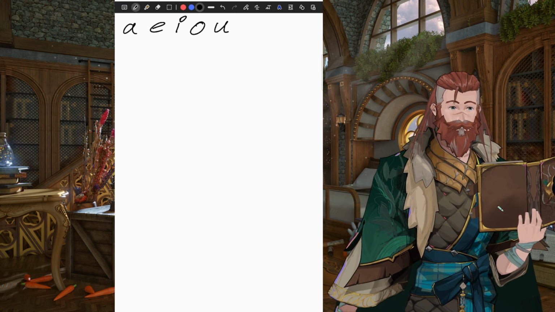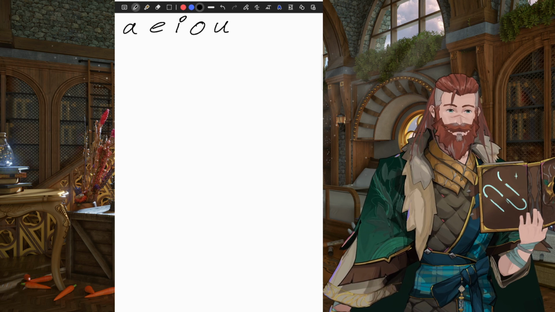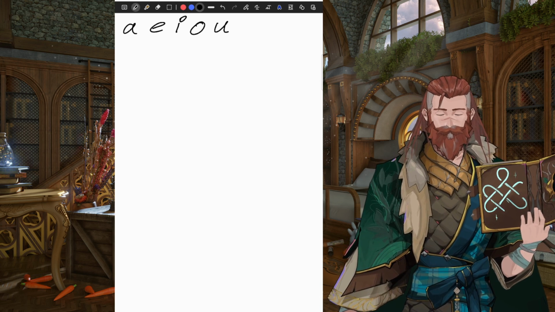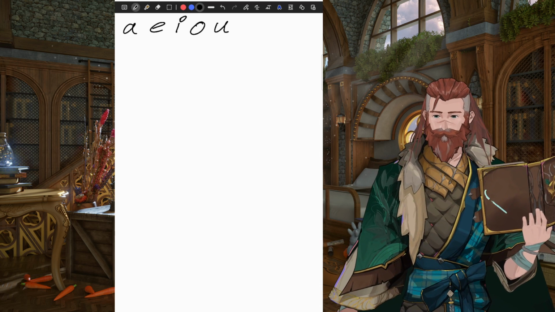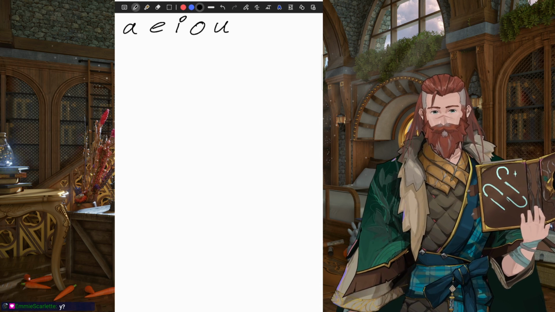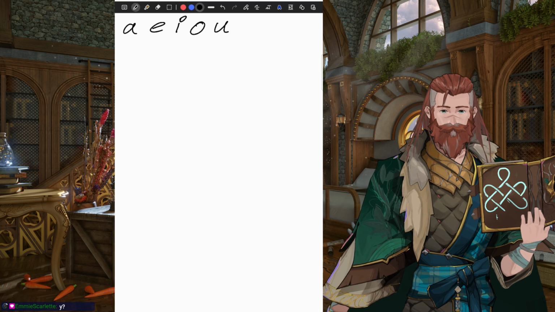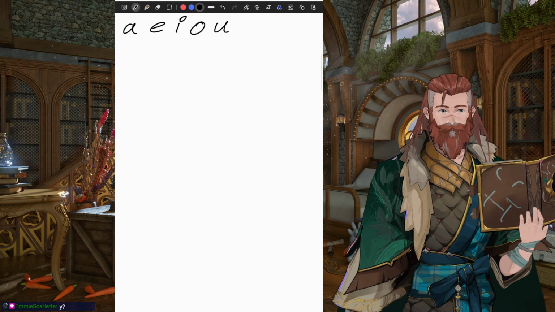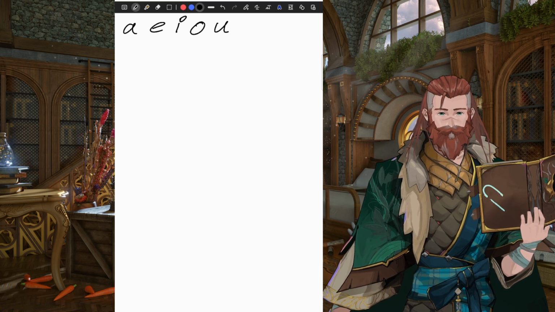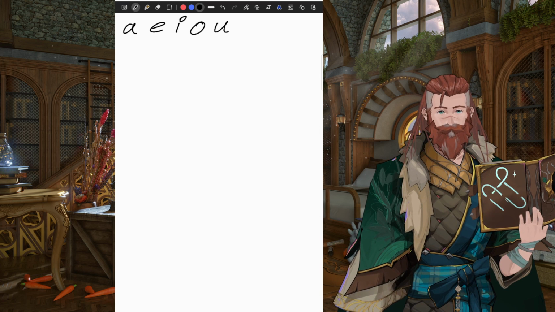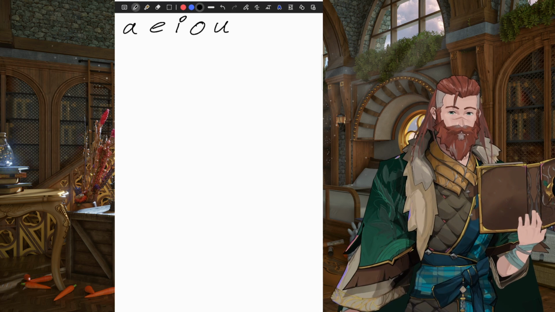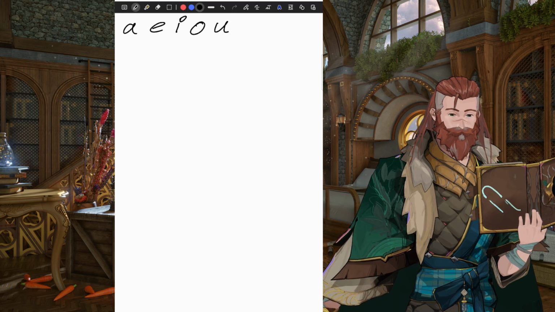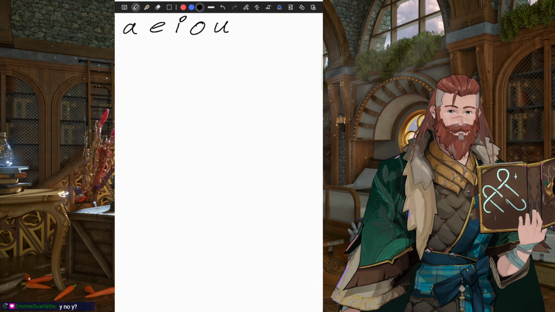Like not even as a loan letter. It's just not there. So you don't have to worry about it. Why is there no Y? Well, things didn't really start being written down in Irish until the church came around.